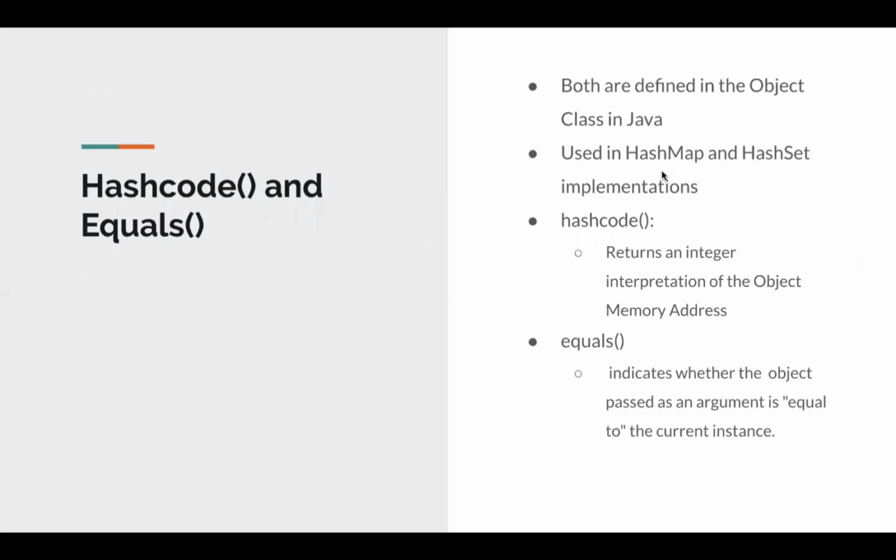They are majorly used in hash map and hash set implementations. hashCode returns an integer representation of the object's memory address, whereas equals gives us a true or false statement on whether the passed argument and the current instance of the object are equal or not. In Java, objects are equal when they're stored at the same memory location.